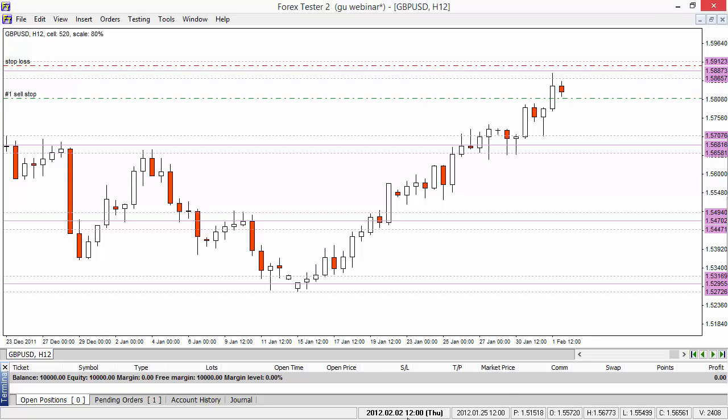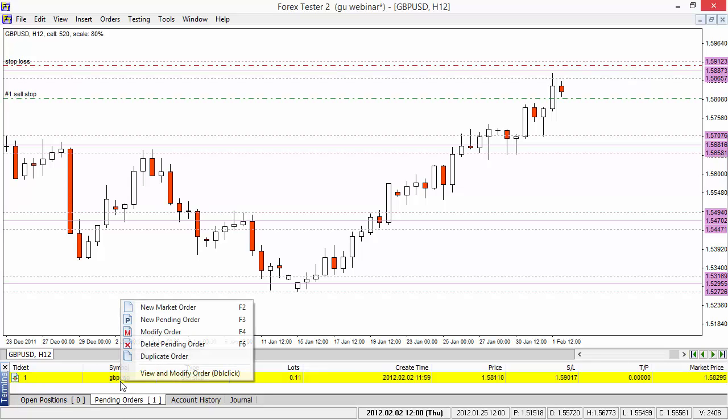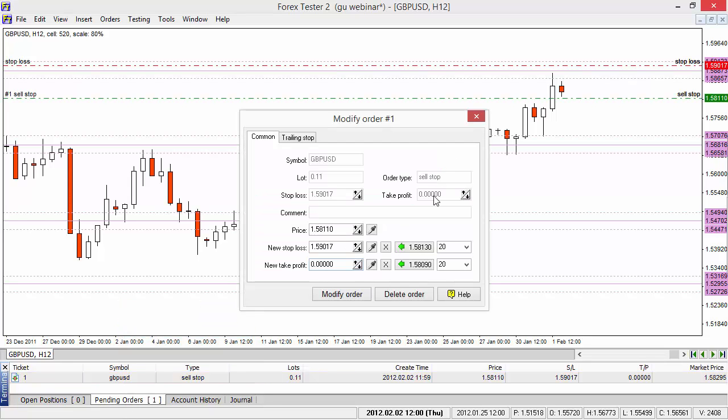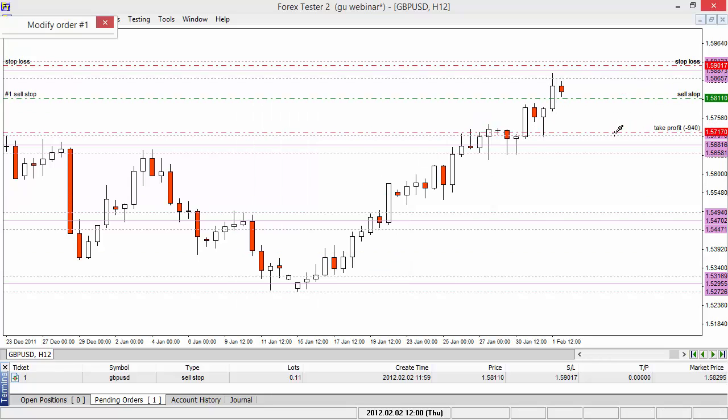So this is a pretty bad trade. Let me go pending orders. I'm gonna modify it and put in a take profit around about here.